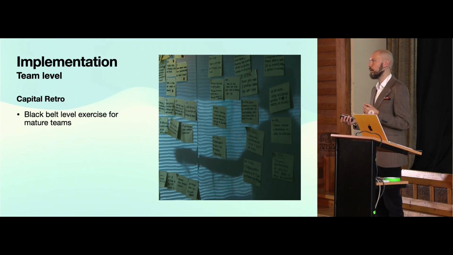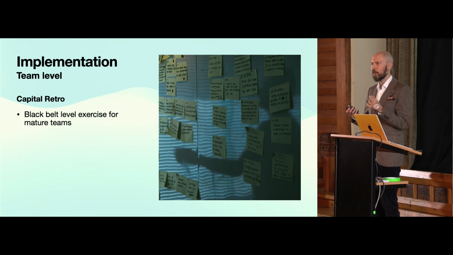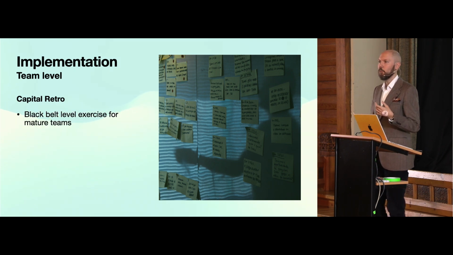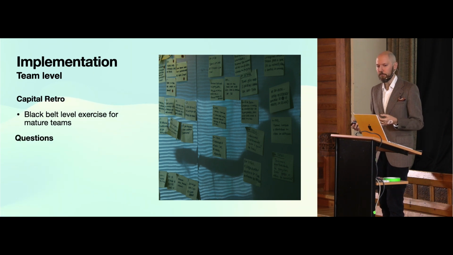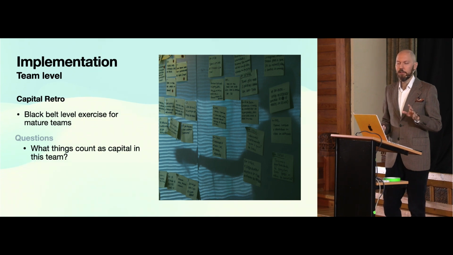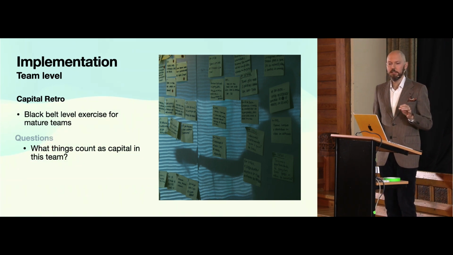You can use this to really focus on the strengths and weaknesses a team might have. This is black belt level stuff, but if you have an established team that no longer has constant technical problems or something, then you can use this to take teamwork to the next level. We ask questions like, what things count as capital in this team?